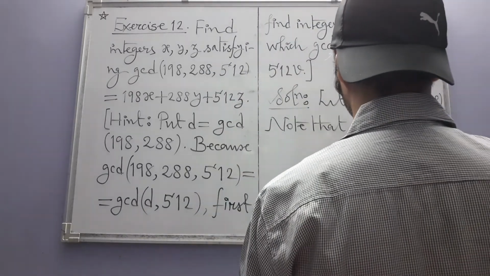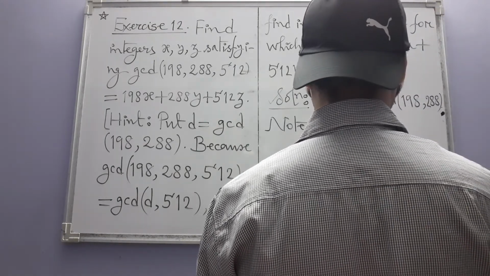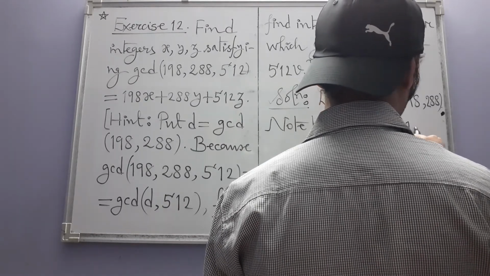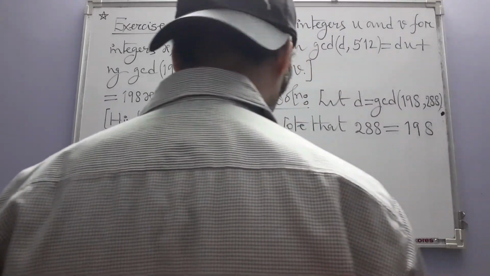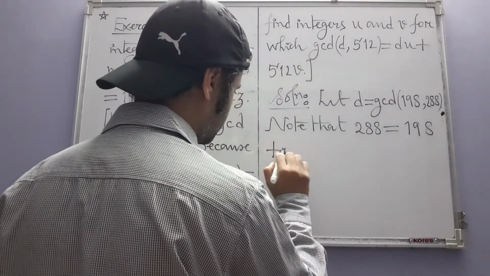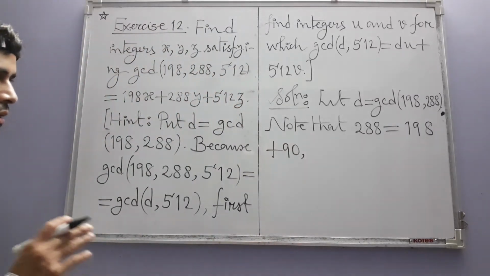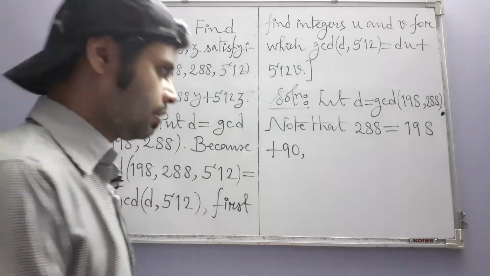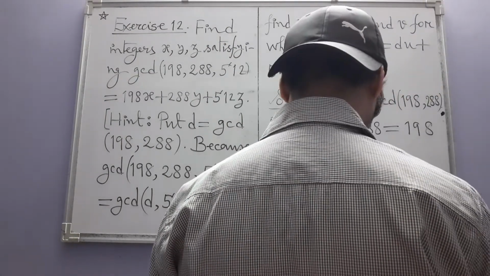Note that 288 is 198 plus 90. That means you understand that 90 is the remainder here when you divide 288 by 198, and like that the other equations will now come.